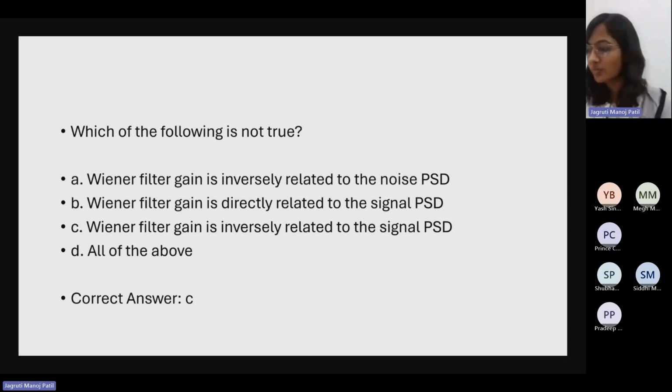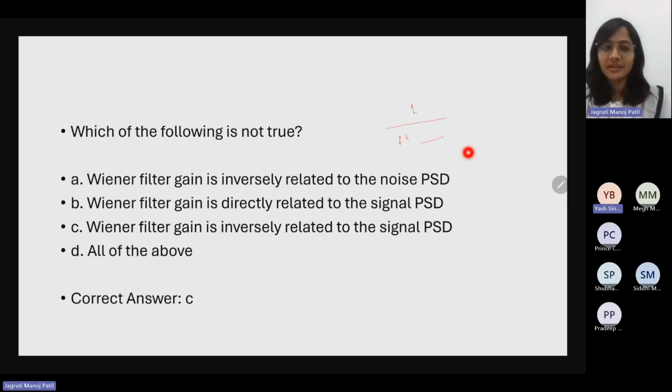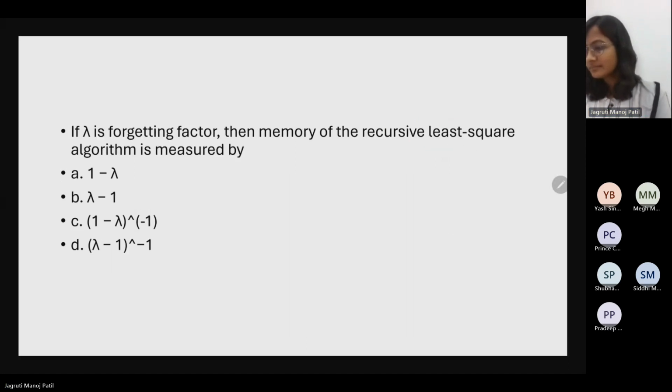So can you say what was the formula for it? 1 by 1 plus SM of omega upon SD of omega. Yes. So SM was the PSD of the noise. Yeah, and this is of the desired signal. This is from the RLS. We'll see it later. It's fine.